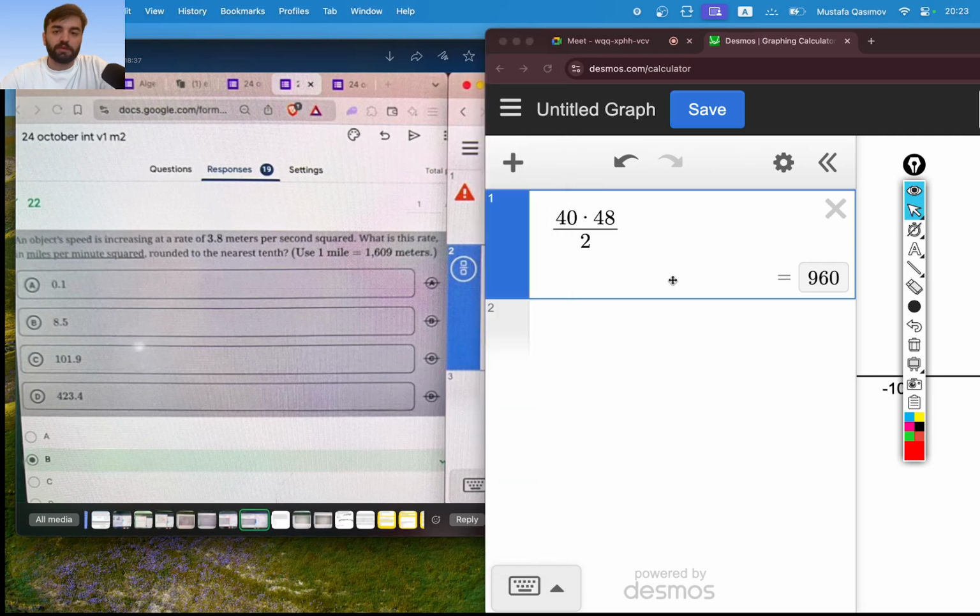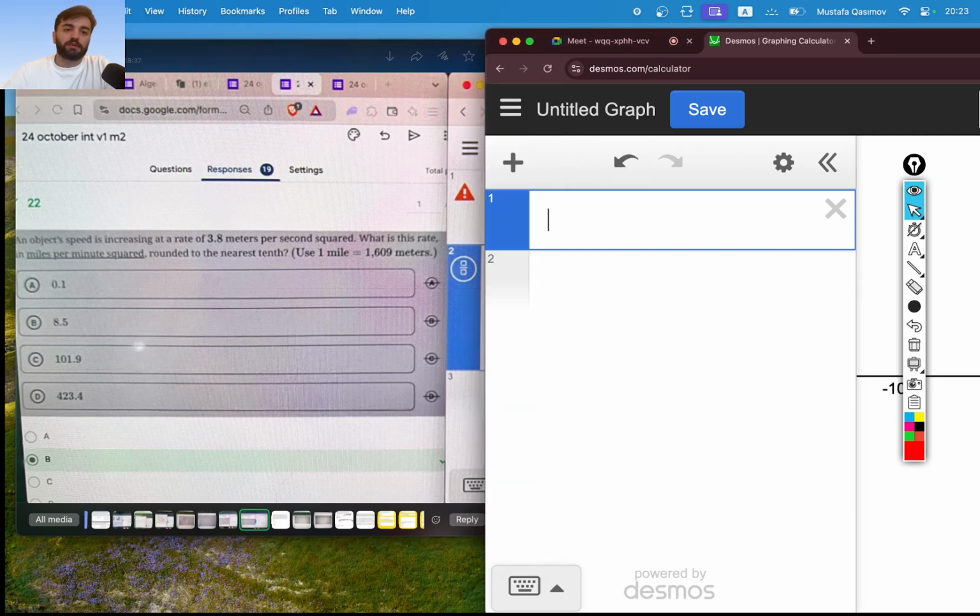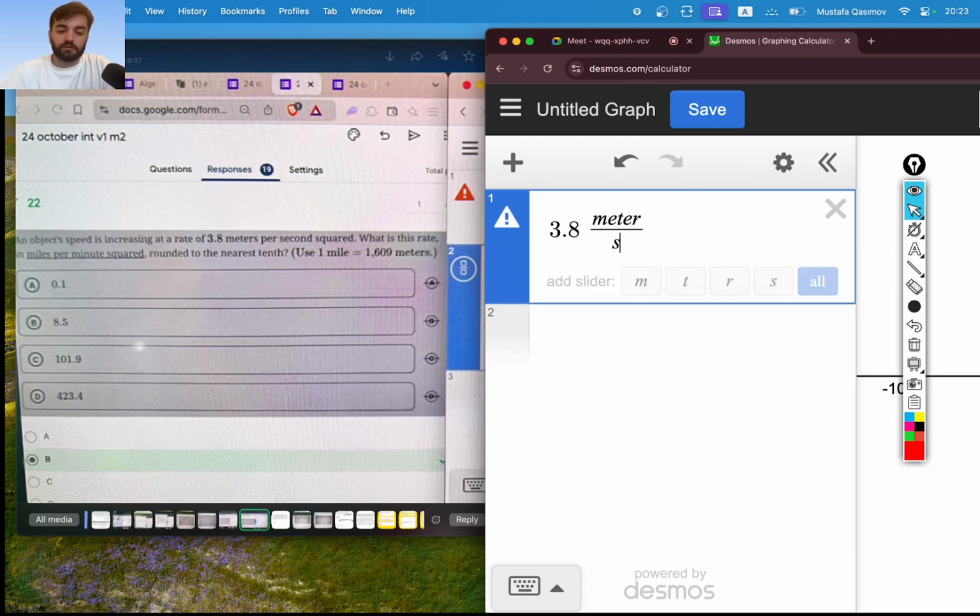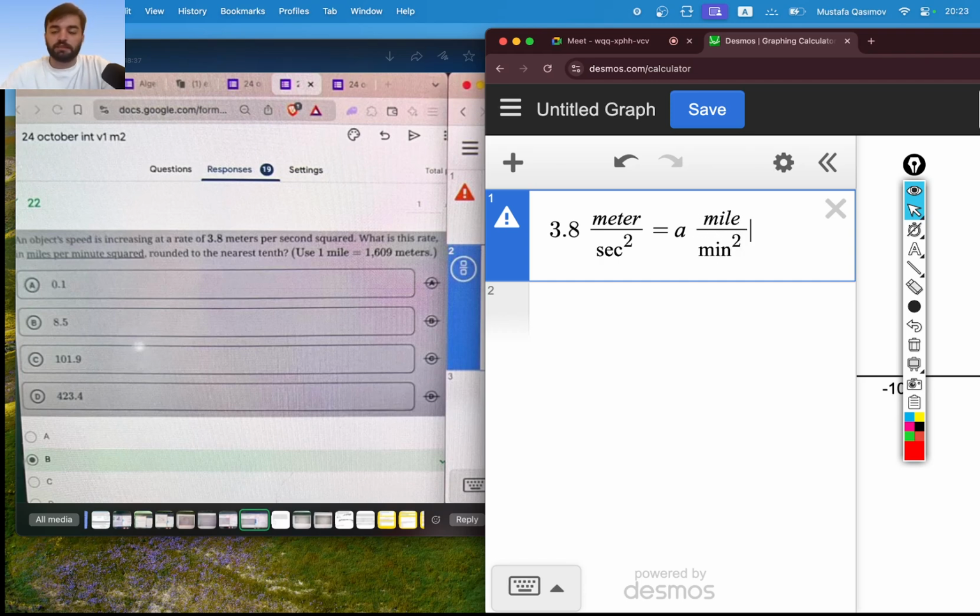This one. For this one, you have to think like this: 3.8 meter per second squared is equal to a mile per minute squared, like this. Then you have to write 1609 meters instead of mile. Then you have to write 60 seconds instead of minute.